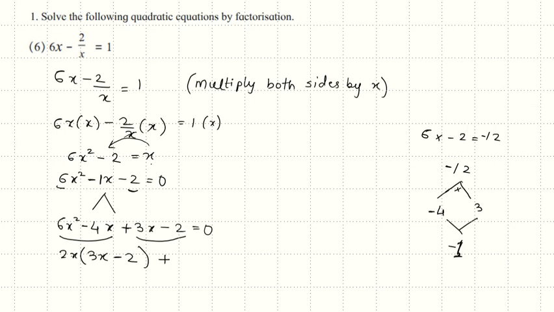Here take 1 as common and inside the bracket we will get 1 into 3x will give us 3x and 1 into minus 2 will give us minus 2 here is equal to 0. First write the common brackets, which is 3x minus 2 is the common bracket and the single terms 2x plus 1 is equal to 0.